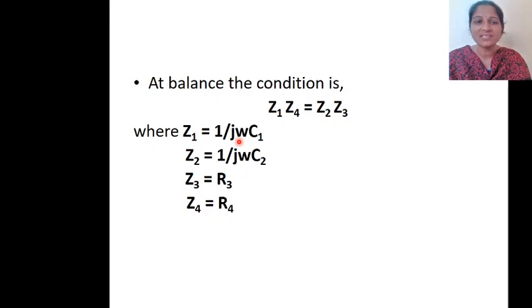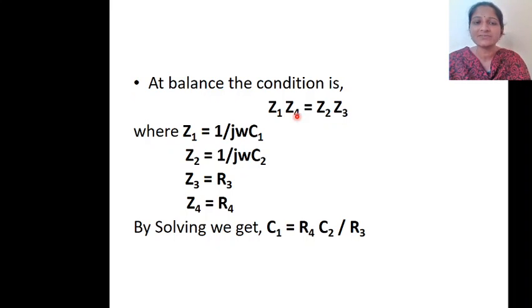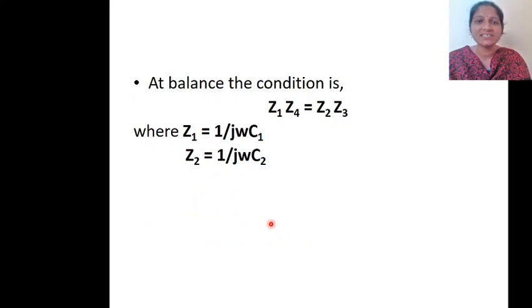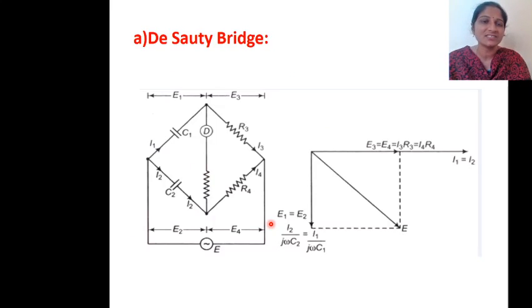Now substitute all these 4 impedances in the above condition. Then by equating the imaginary and real parts, you will get C1 is equal to R4 C2 by R3. So C1 is the unknown capacitance which you are going to measure. The solving of the equations is very simple for the Desauty bridge.